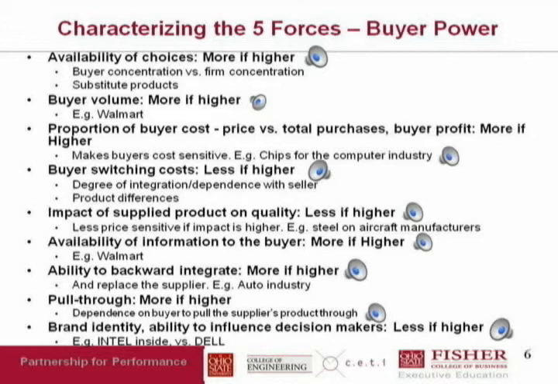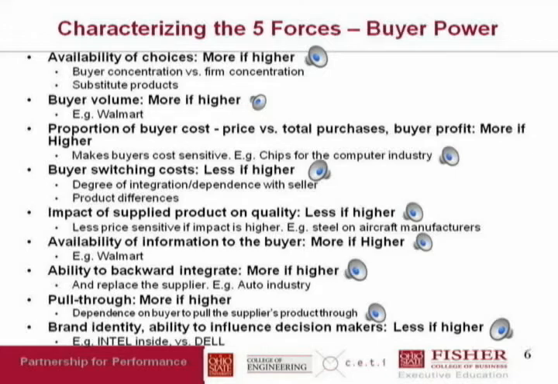So the third characteristic that affects buyer power is the proportion of buyer costs. So let's say a buyer is buying something from a seller. If what that buyer buys from that seller is a large proportion of that buyer's total cost, so of all the things the buyer buys from different sellers, this particular seller's items are of a high cost when compared to the buyer's total cost.